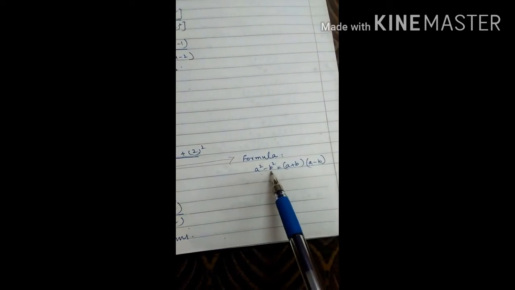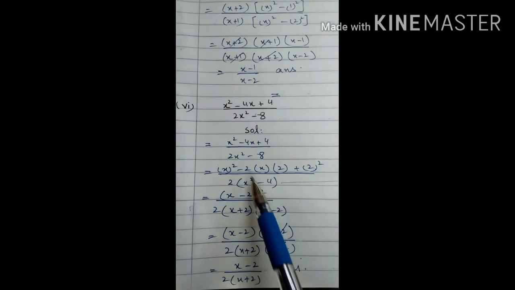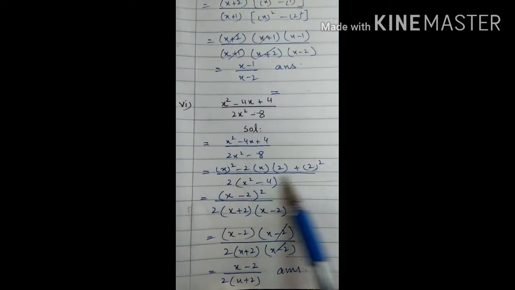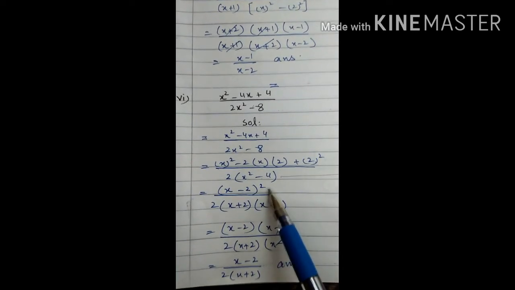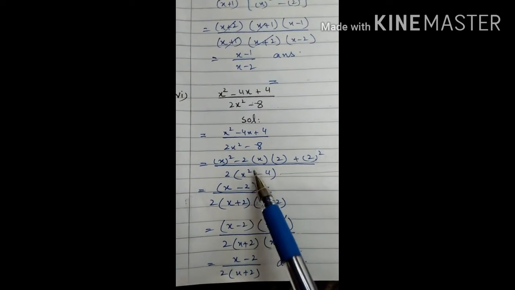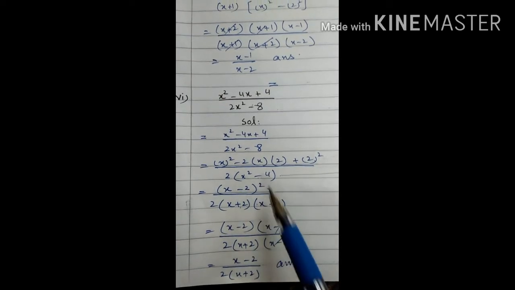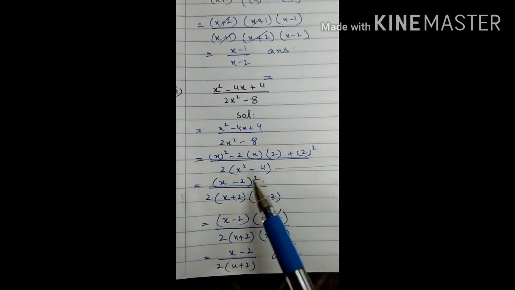On x square minus 4, we again apply the formula a square minus b square, (a plus b)(a minus b). This is the whole formula, (x minus 2) whole square. Apply the formula. This will be (x plus 2)(x minus 2).